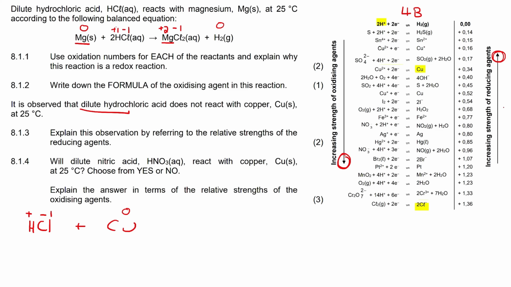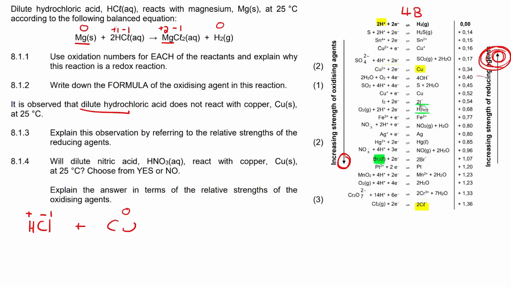So the only time that a reaction can happen spontaneously, which means it can happen by itself, is when the thing that is on the right is above the thing that is on the left. So for example, showing in green, if you had a situation like this where the thing on the right is higher up than the thing that you've highlighted on the left, see what I've done there?